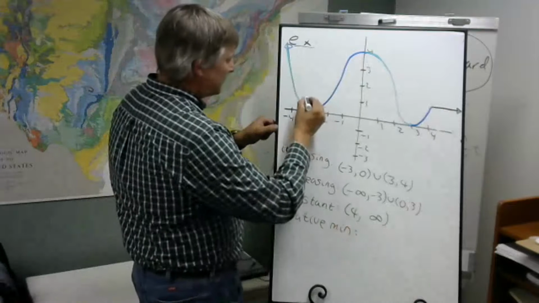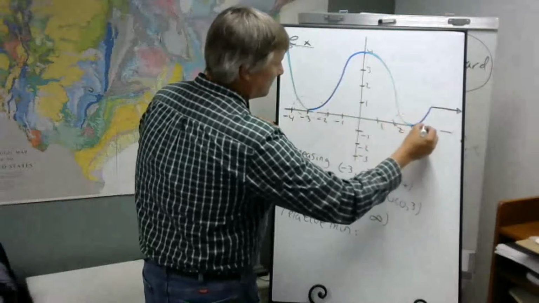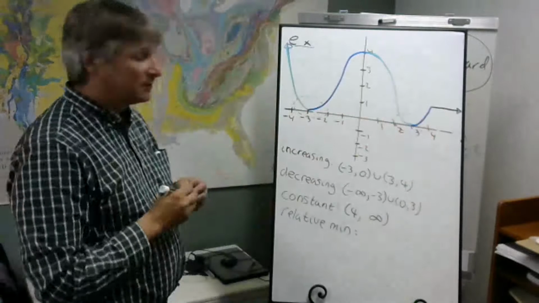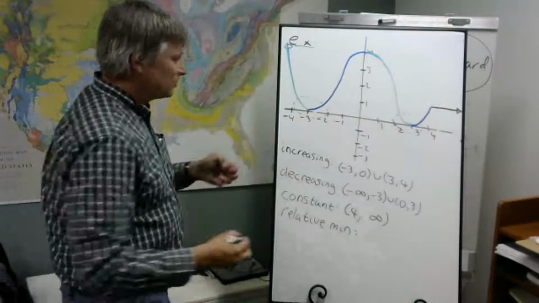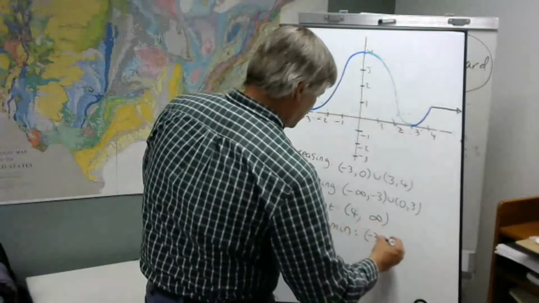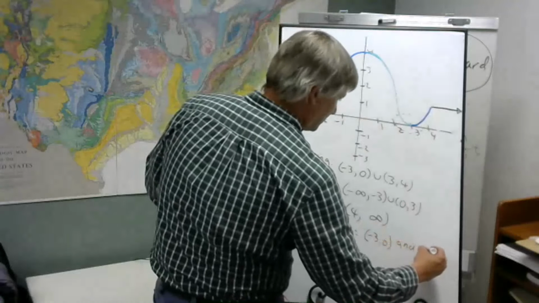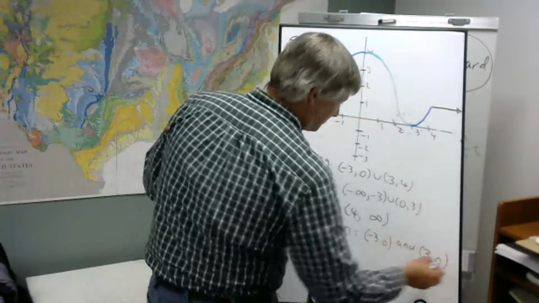So in this area and in this area, we have a relative min. So we have (-3, 0) and (3, 0).